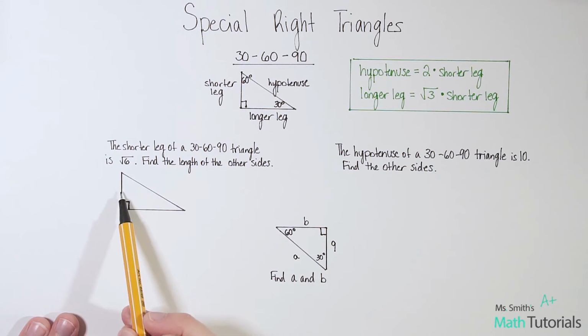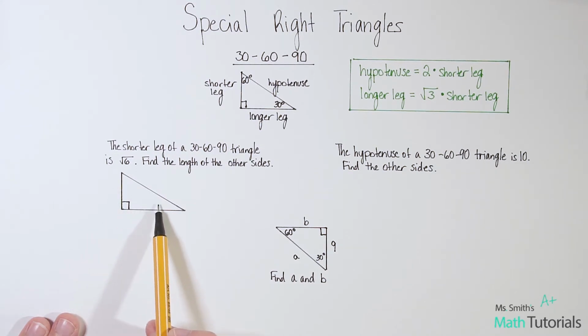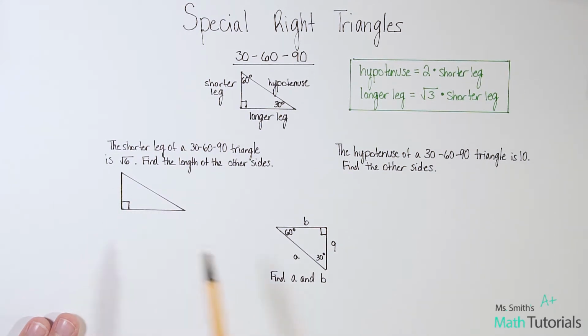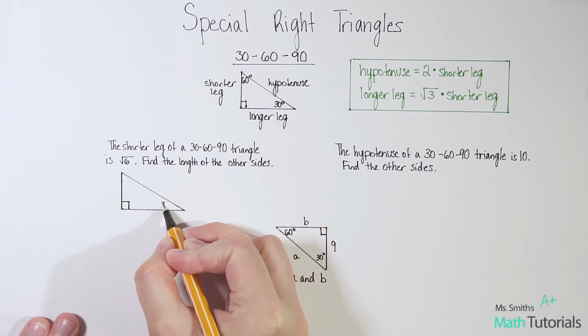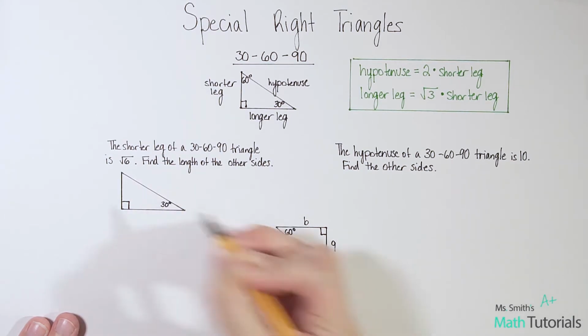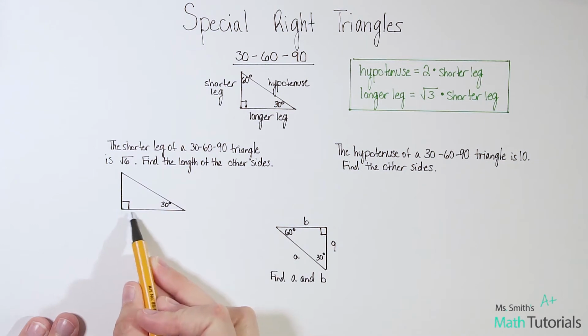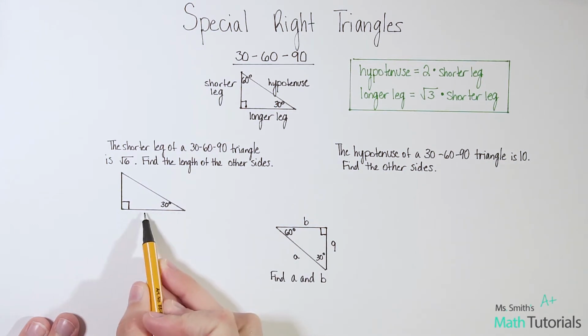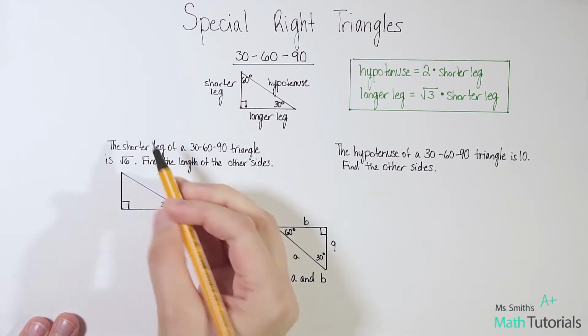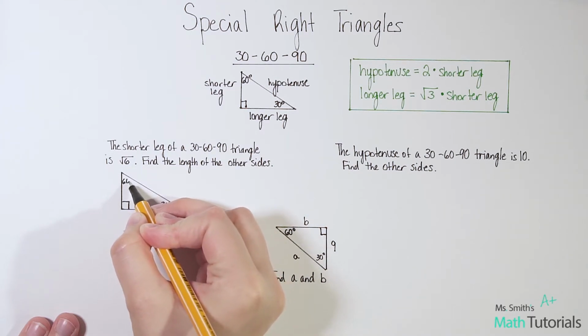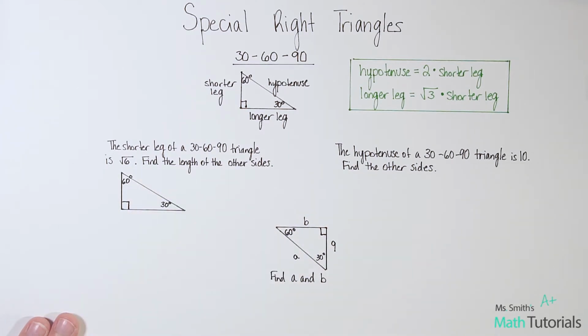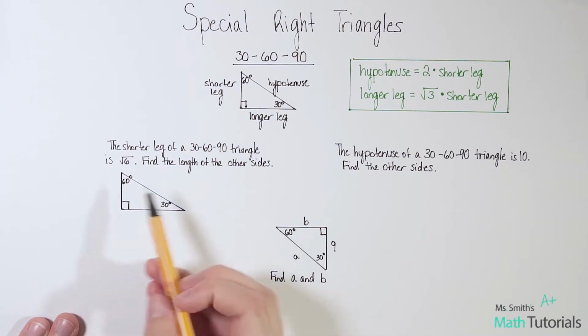So I'm going to make the angle opposite the shortest leg, I'm going to make that the 30 degrees, the smaller amount. And if that makes this the longest leg, then I want to make the opposite angle from it the 60 degrees. Okay, now let's label what we know.